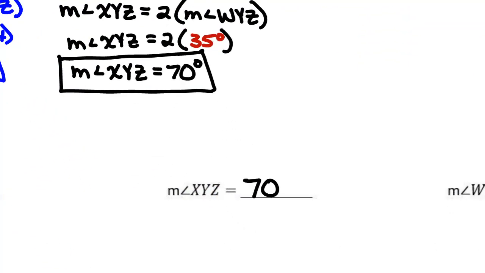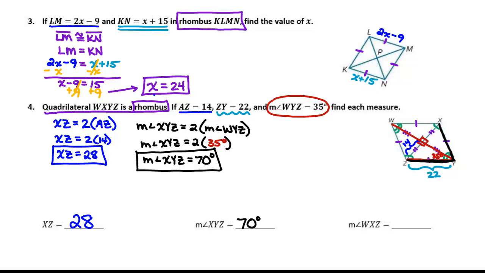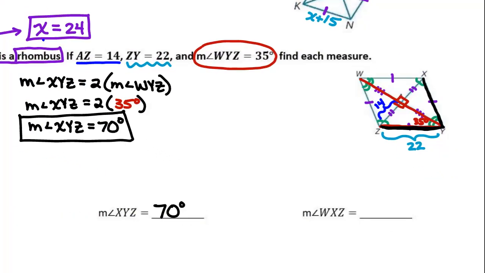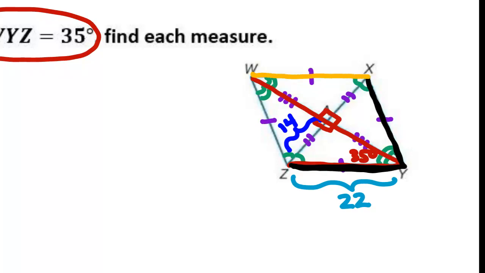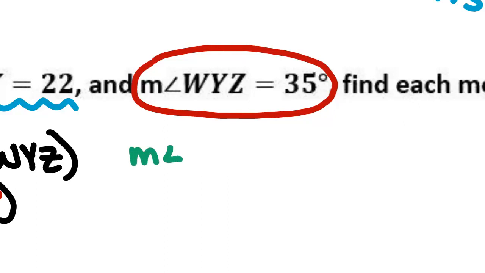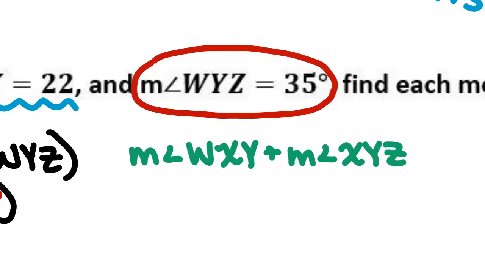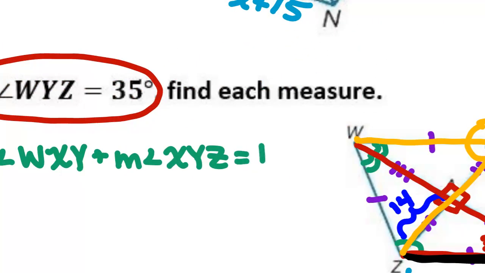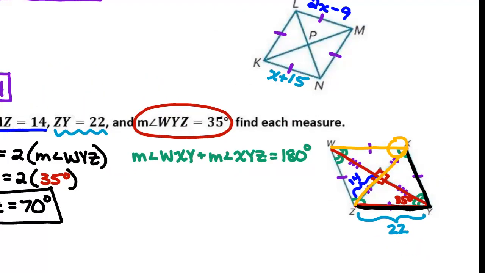All right, we've got one more piece that we need to find. We want the measurement of angle WXZ. We're looking for this little piece right here. Well, if I could figure out how big that whole angle is, WXY, then I could just cut it in half. To find the measurement of angle WXY, we do the measurement of angle WXY plus the measurement of angle XYZ. Those are consecutive angles, so they would add up to 180 degrees.